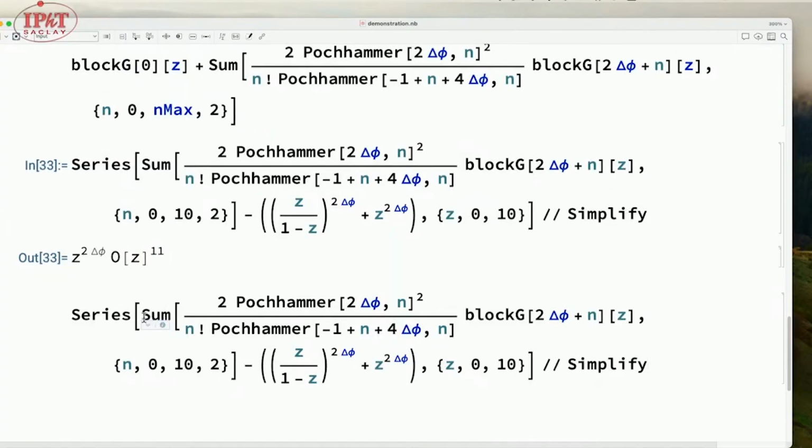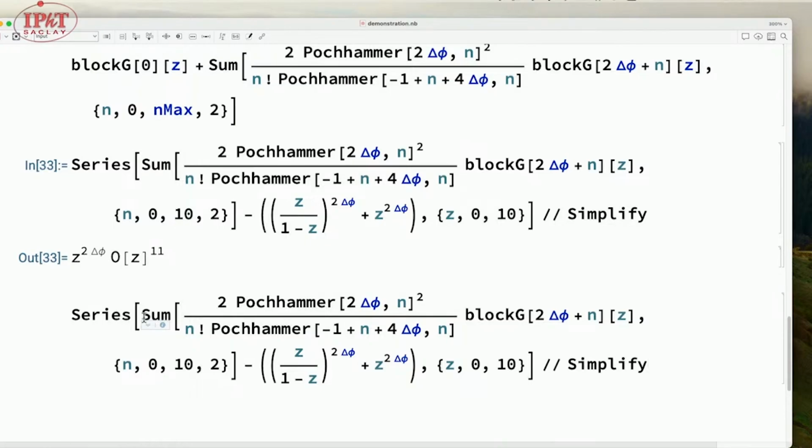I'm just going to remind you, for the boson, the spectrum was 0 from the identity, and then 2 delta phi plus 2j. And for the fermion, the spectrum is the identity, and 2 delta phi plus 2j plus 1, j equals 0, 1, 2, and so on.